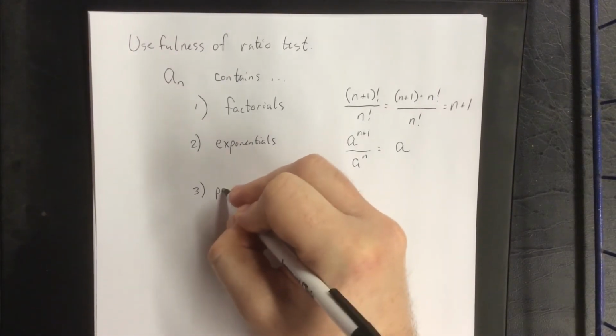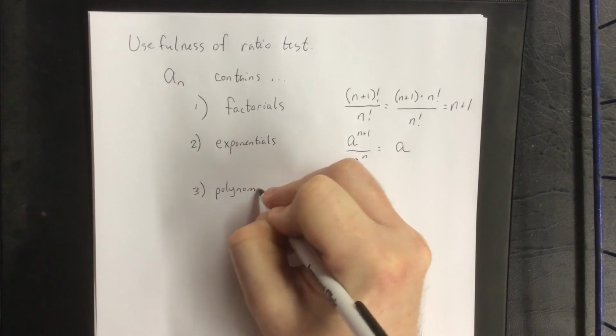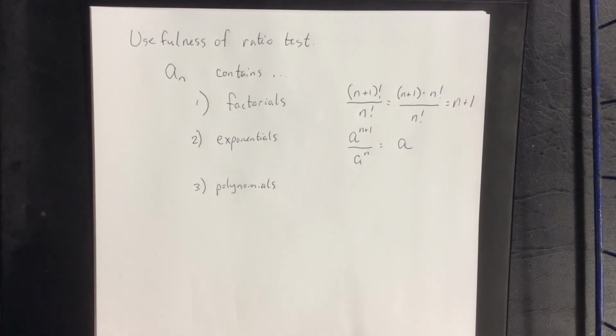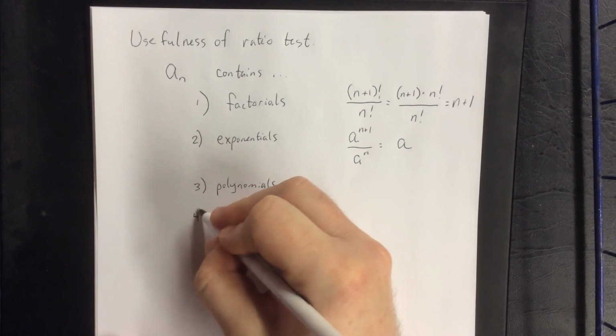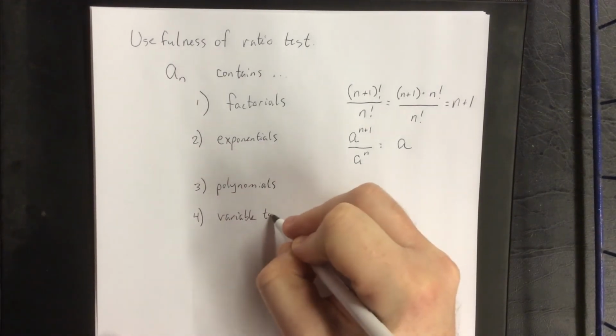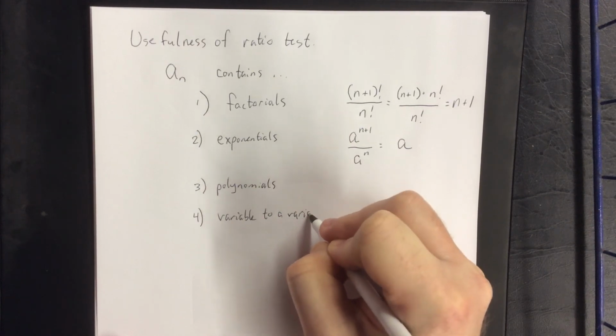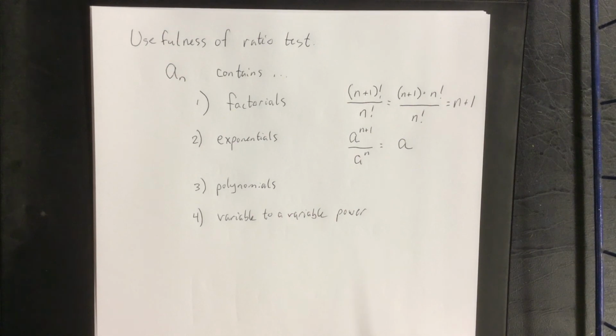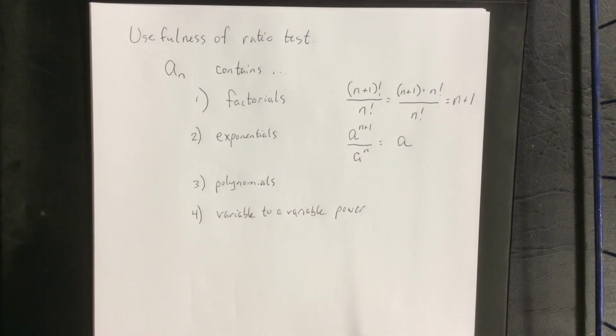It's relatively useful for polynomials, simply due to the fact that if you have the same degree polynomial, they're going to wind up canceling out to be 1 as n goes to infinity. And finally, if you have a variable to a variable power, this is kind of useful, just not particularly useful. There will be a different test that we use for this.